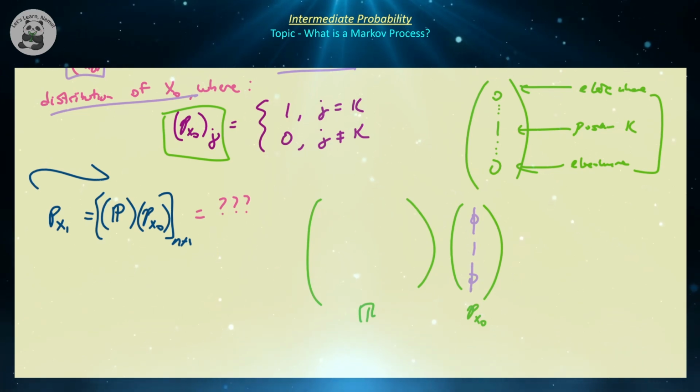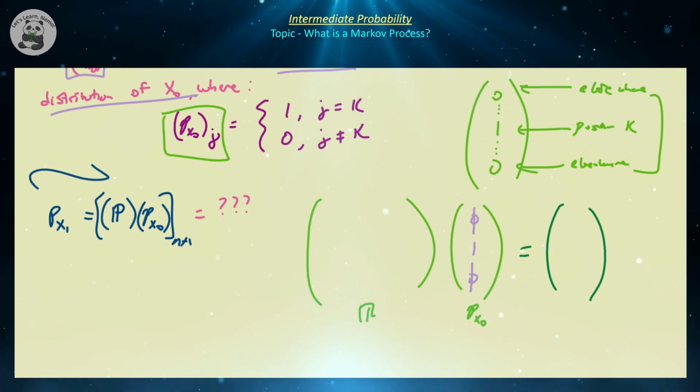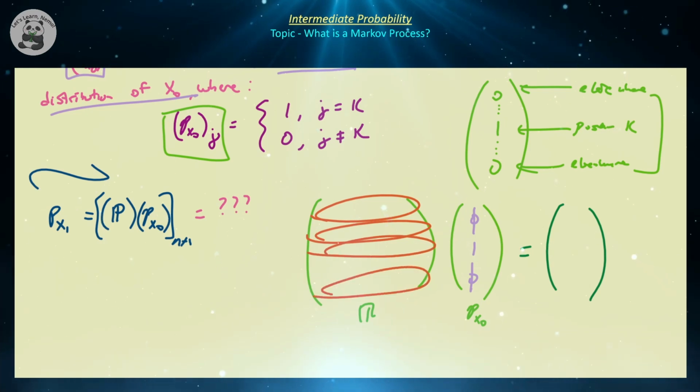When we multiply a matrix by a column vector, we're obviously going to get a column vector. And which column vector are we going to get? Keep in mind we're going to multiply rows by that particular column in a dot product fashion. Notice that the kth element of this vector is going to be multiplied by the kth element of that row, and it's going to be equal to 0 elsewhere.